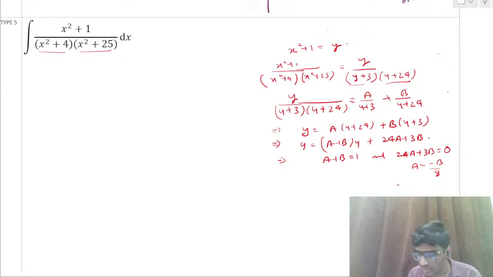When we replace in a plus b equal to 1, minus b upon 8 plus b is equal to 1, this implies 7b upon 8 equals 1. This implies b is equal to 8 by 7 and a will be minus 1 by 7. Am I correct?